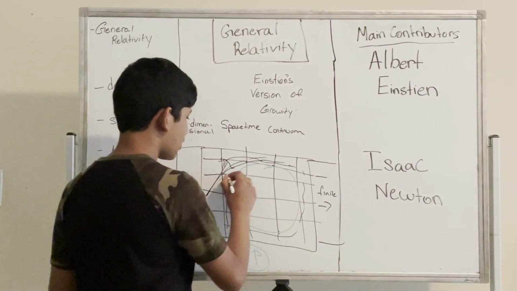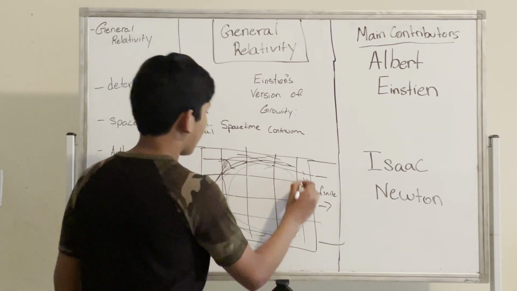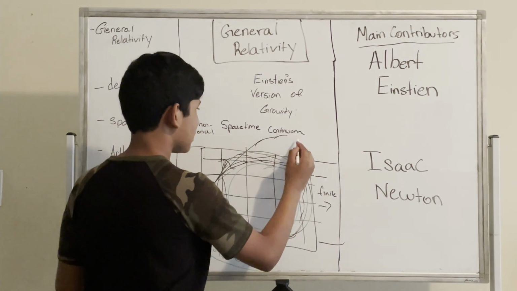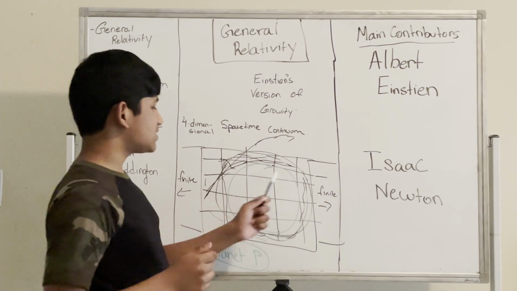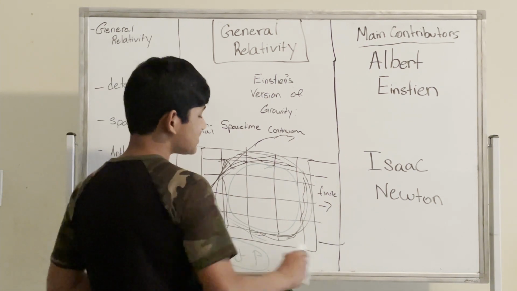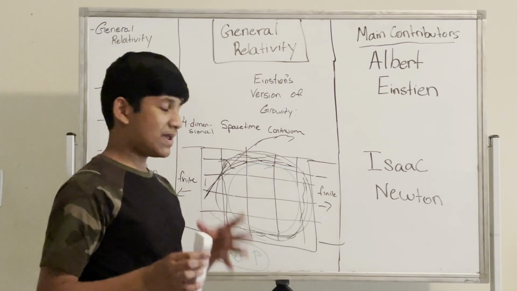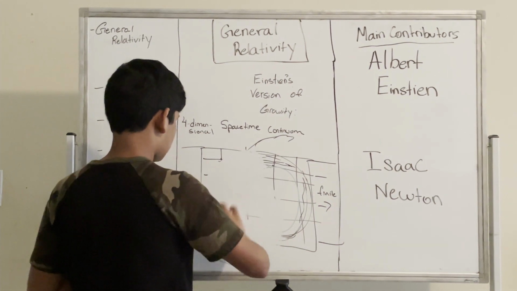If it gets close and orbits around the Earth, there's no friction, which is why it doesn't collapse in, and that's how we call orbits. On the other hand, it could slightly deviate away. So essentially, General Relativity perceives gravity as a curvature in space-time. So that's essentially what space-time is.